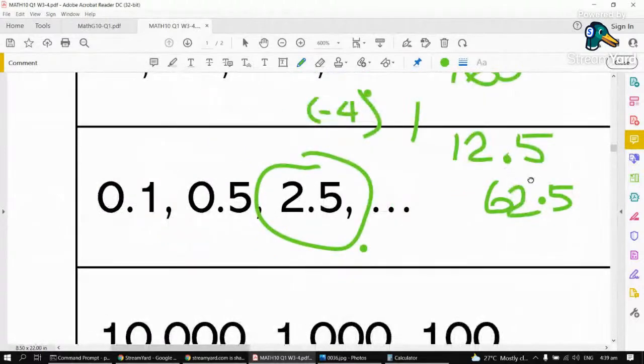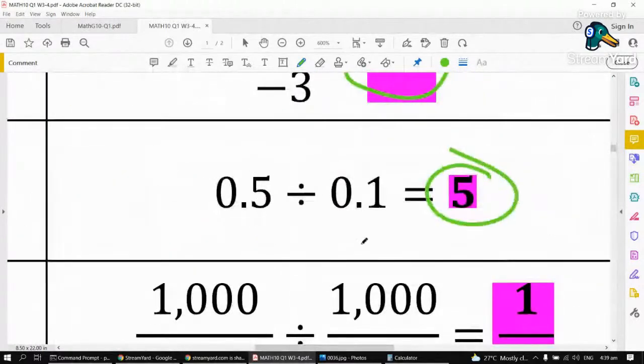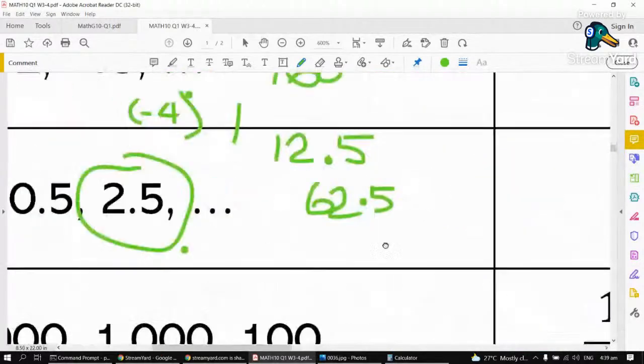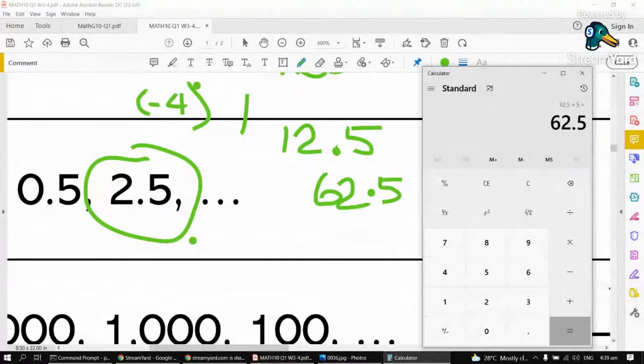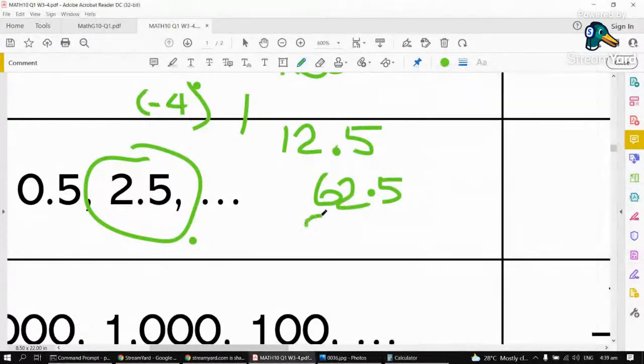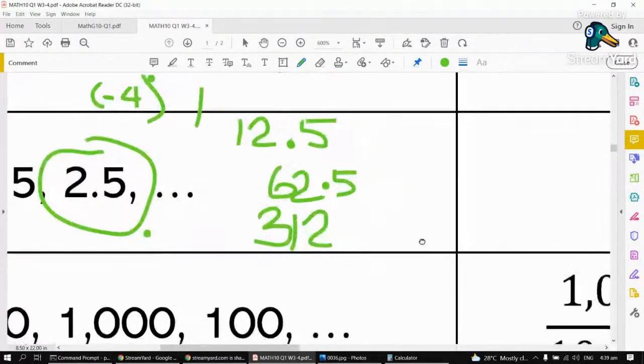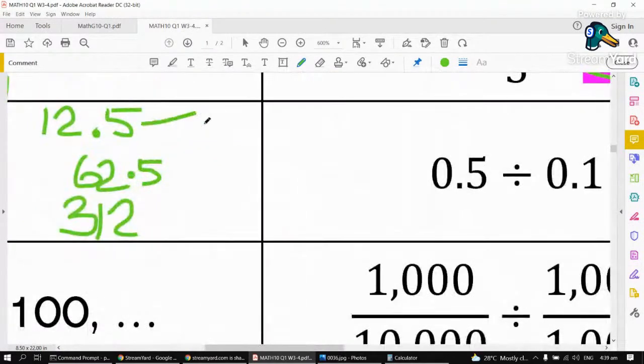Kasi 5 yung common ratio. 62.5, ito yung pinaka-latest, 62.5 times 5 is 312.5. Okay? So, ang ating tatlong next term is 12.5, 62.5, and 312.5.